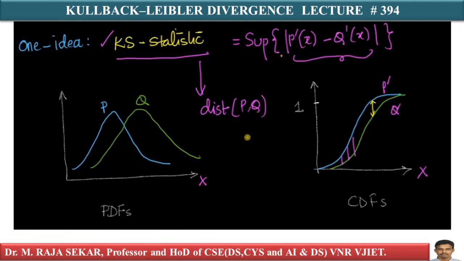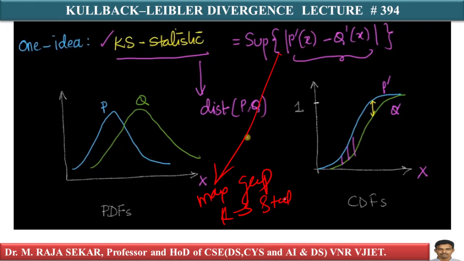This I already discussed, isn't it? The KS statistic is the sup of P dash x minus Q dash x. Obviously, the KS statistic is a very good measure, because the more different the two distributions P and Q are, the more gap there will be between their corresponding CDFs.